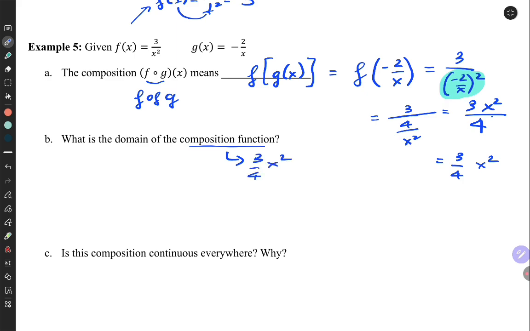The reason I write it out in terms of a parabola, what would be the domain of that? Domain of a parabola? All the numbers. Everywhere. So the domain D is just negative infinity to positive infinity, or you can write that it's just R, or everywhere.